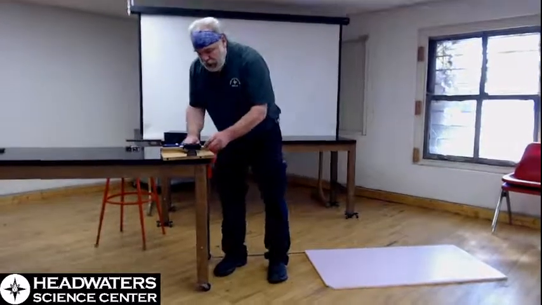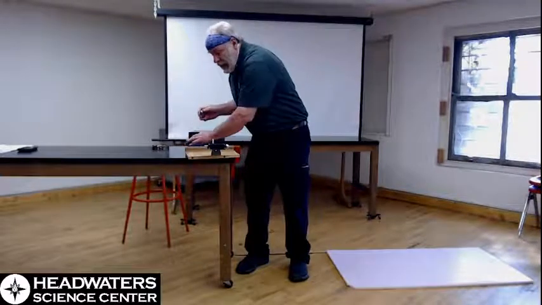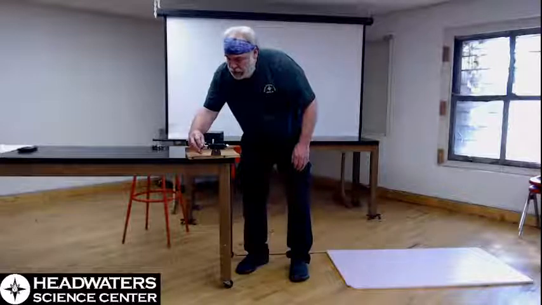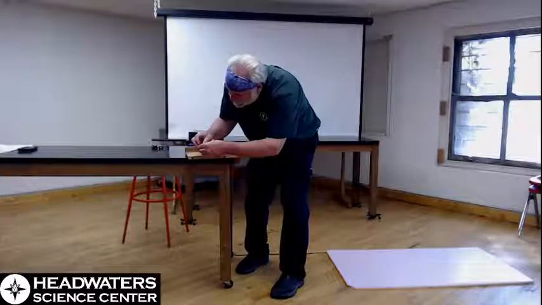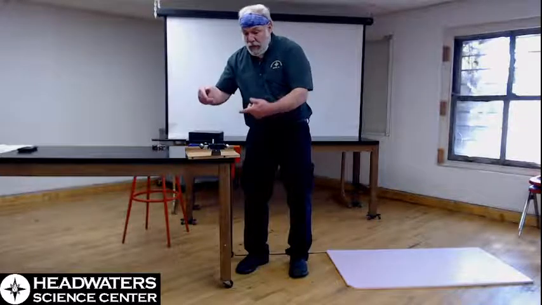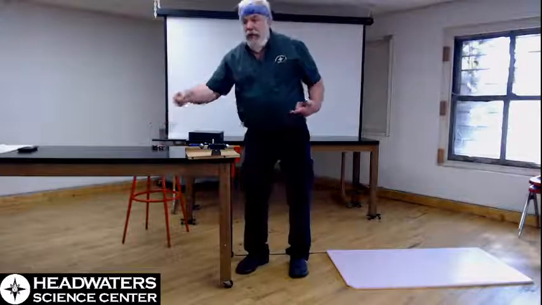So the question I like to ask, audience members who are listening, anyone who wants to find out truths about the universe: when I release the trigger, which of these balls will hit the floor first? Will it be the one that goes straight down or the one that flies out and goes down?